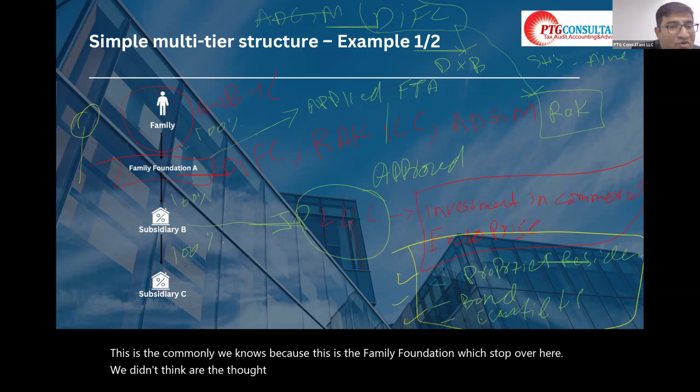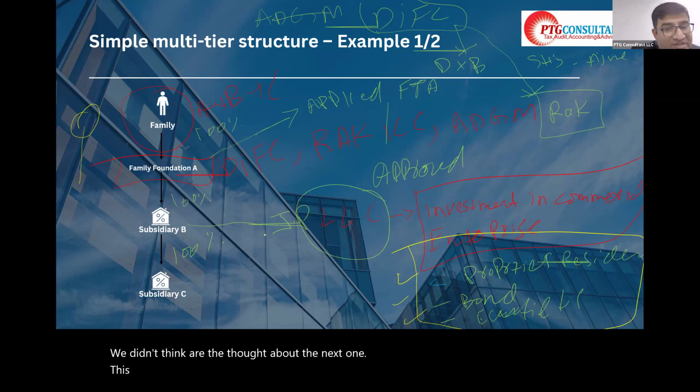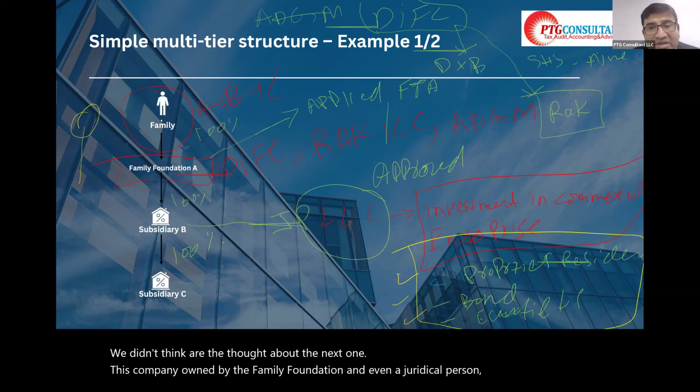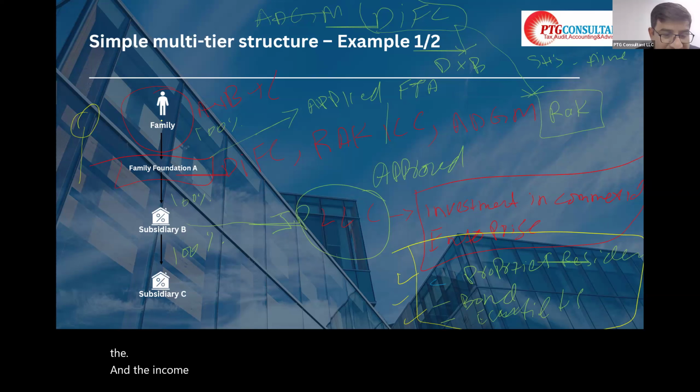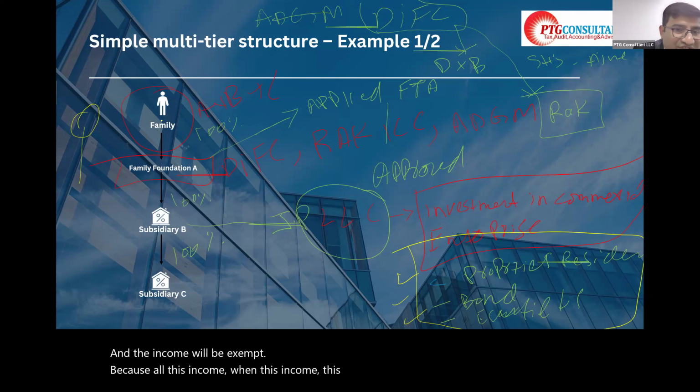This company is owned by the family foundation, and even though it is a juridical person, it may fall under fiscal transparency, and the income will be exempt. Since this income is itself exempt, even if we share it with the beneficiaries, it is not subject to tax.